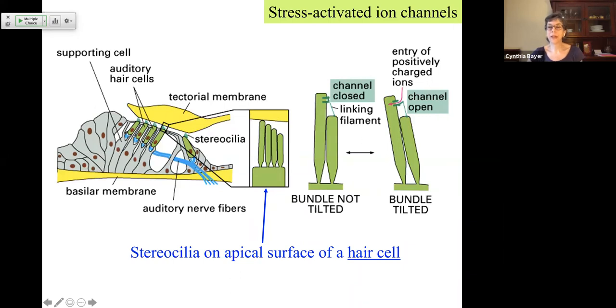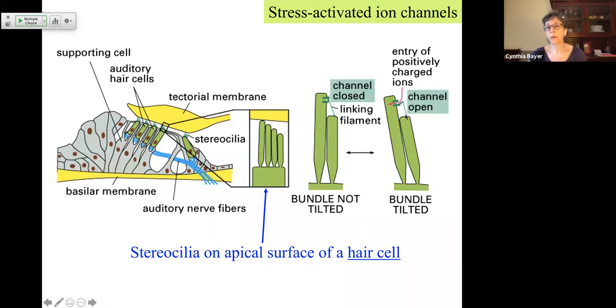And that tilting action causes a change to this little tiny ion channel that we've drawn here. The ion channel is in the closed state when the bundle is standing up and is in the same axis as the hair cell. But when the bundle tilts, the ion channel is mechanically opened because there's a little linking filament, and we're not exactly quite sure what it's made of.